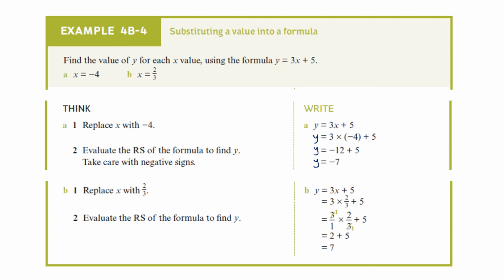If you cancel out going diagonally, then 3 on 3 is 1 on 1, which we know doesn't change our value. So we end up essentially with 2 over 1, which we know is 2. Then I have my plus 5 at the end. 2 plus 5 is 7. You can use your calculator as well, Year 8s, just to help guide you through the steps, but you still need to show them.